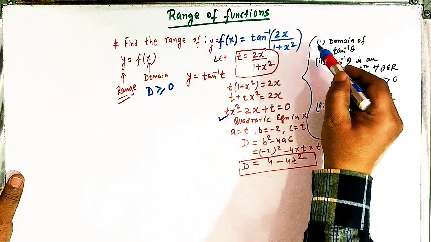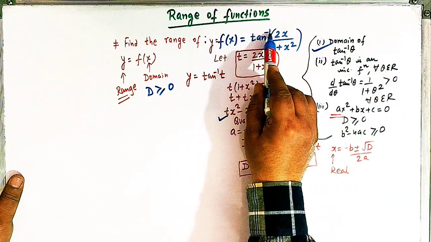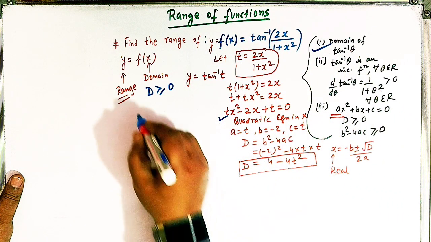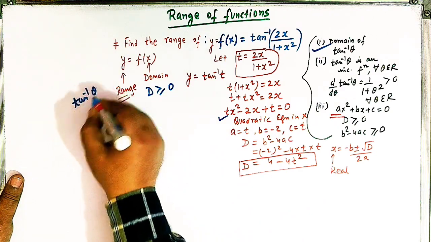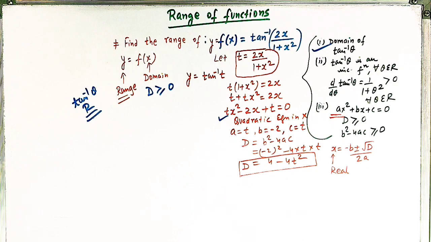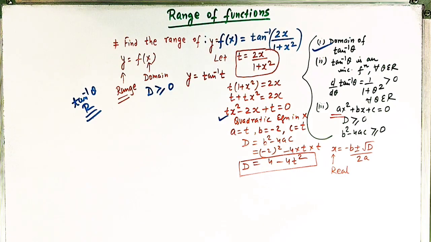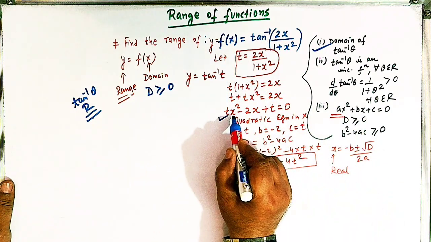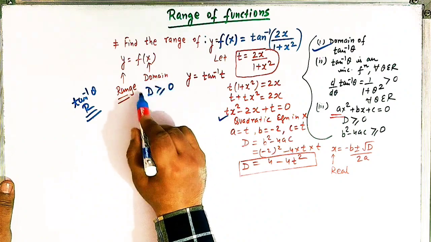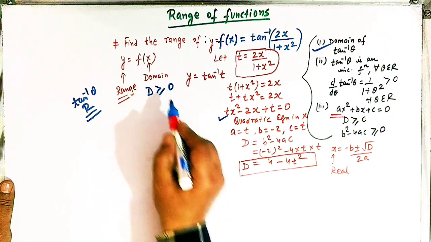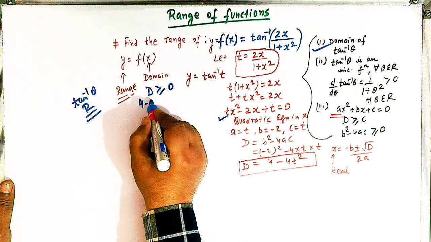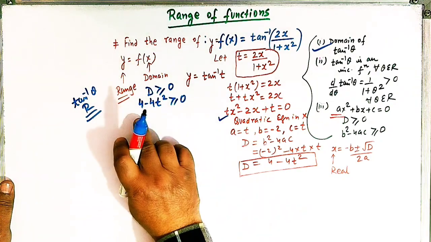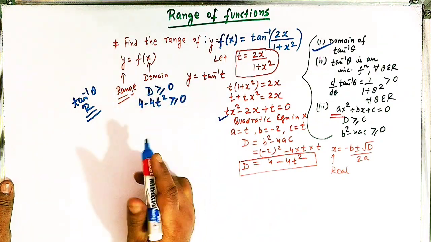So the domain of tan inverse theta is the set of real numbers, right? So when x is real, the roots of this quadratic equation must be real. So d is greater than or equal to 0, that is 4 minus 4t square greater than or equal to 0. Now here we can solve this inequality.